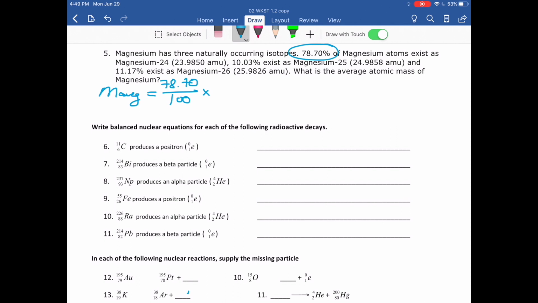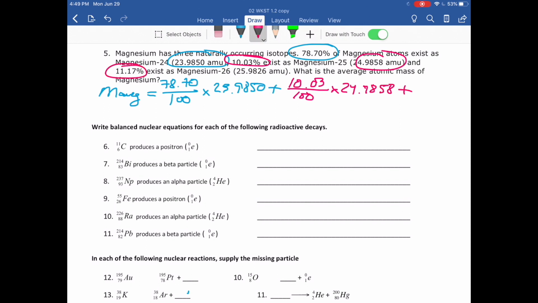So the mass of the isotope is going to be 23.9850 plus the abundance of the following isotope, 10.03 over 100 times the mass of that isotope, so 24.9858 plus the abundance of the third isotope.